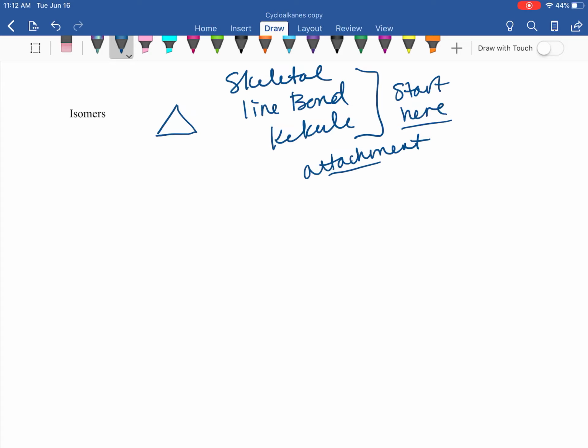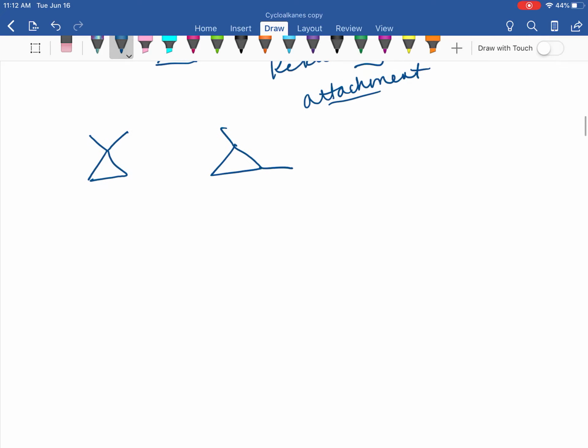So if we're challenged to make dimethylcyclopropane, let's see what we've got. Well, we could put both methyls on the same carbon, or we could put methyls on two different carbons. Now these are awesome. This drawing is the best for seeing this type of isomer. I'm going to give us a little table. Our isomers table, all isomers have the same formula.